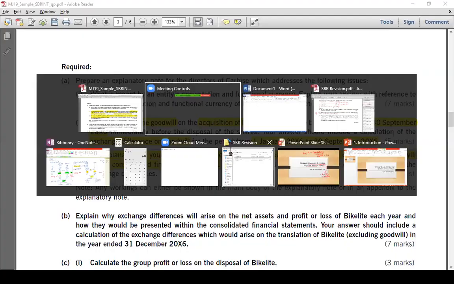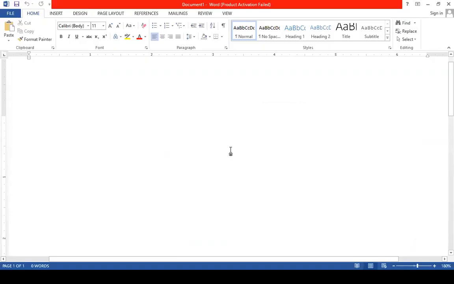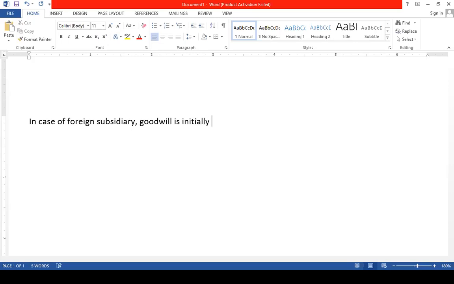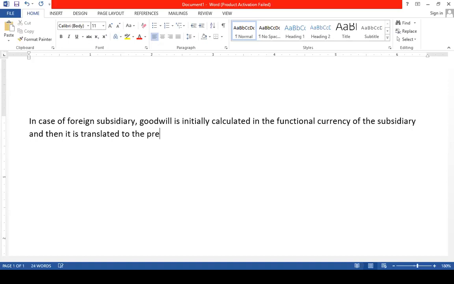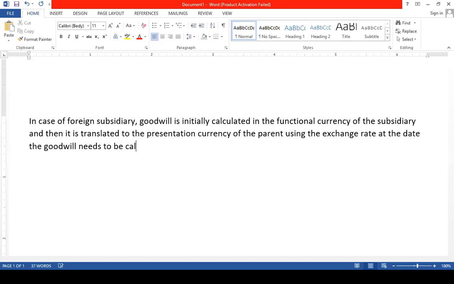So if I go back to the Word document, I'm going to say that in case of foreign subsidiary, goodwill is initially calculated in the functional currency of the subsidiary, and then it is translated to the presentation currency of the parent, using the exchange rate at the date the goodwill needs to be calculated.